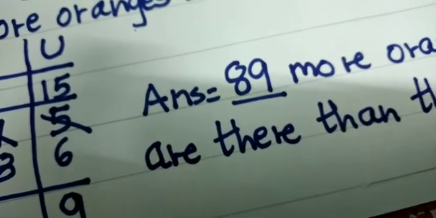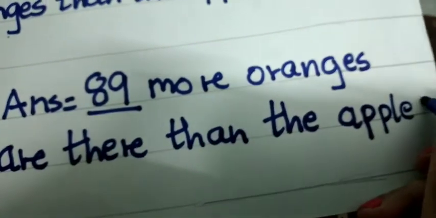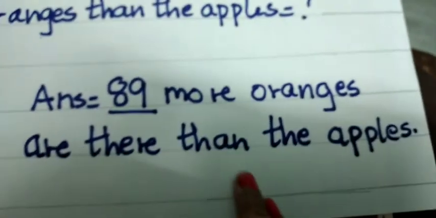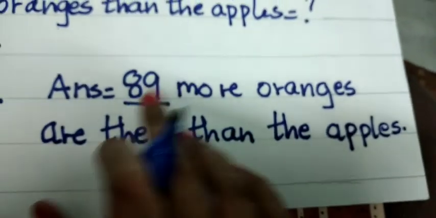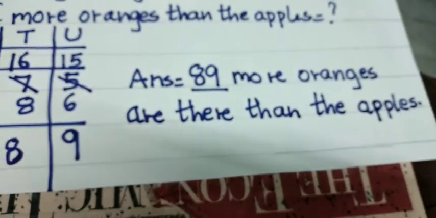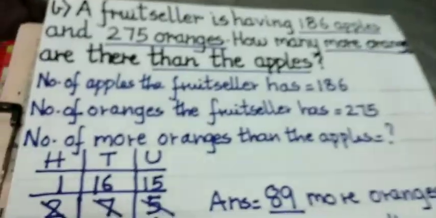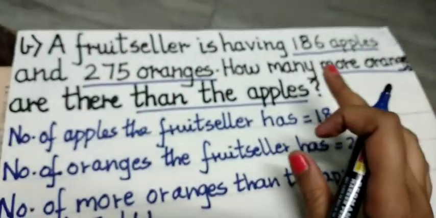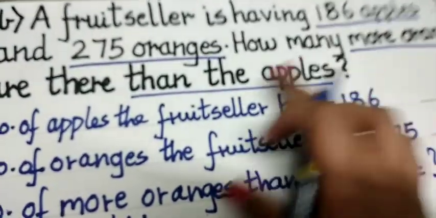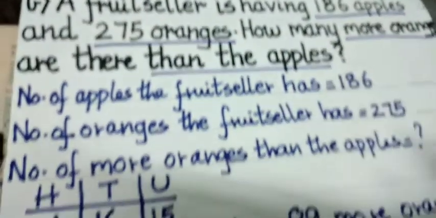Or you can also write: there are 89 more oranges than apples. Okay, you can write in either of the two formats. So this is how you do a subtraction sum, boys. Always remember, in a word problem, if there is more than or left, it is a subtraction problem.